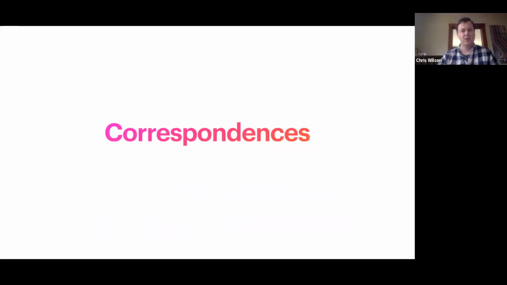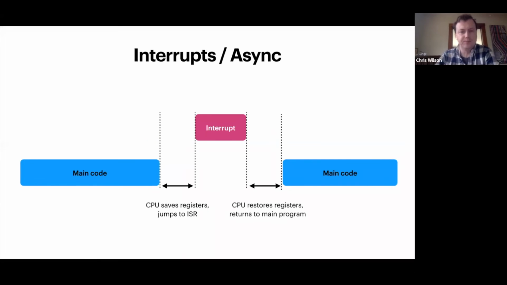Yeah, so some of the correspondences I noticed when I was working on this project. The first, which was really apparent to me early on, is that when I squinted at interrupts, the terminology was different, but it looked an awful lot like async or callbacks to me.